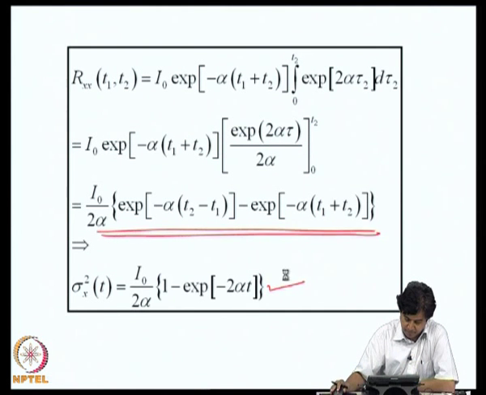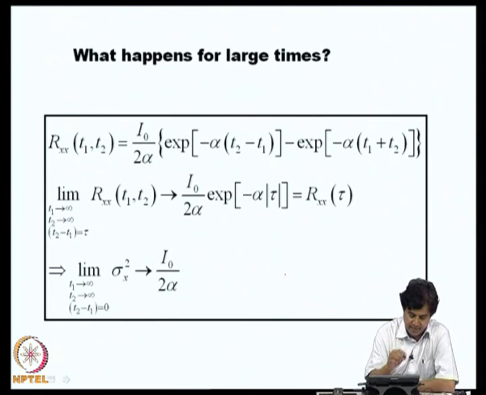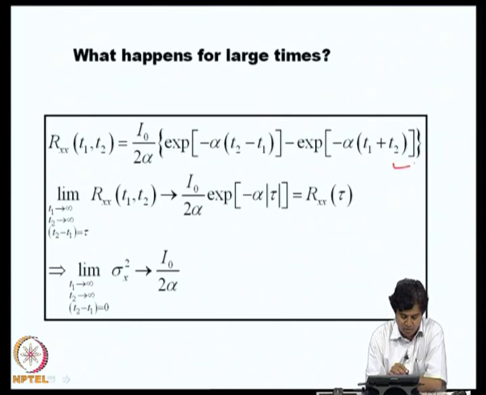But what happens for large times? We have this expression for covariance. In this, suppose I take t1 becoming very large and t2 becoming very large, but the time lag t2 minus t1 is tau; tau does not become large, while t1 and t2 can become large.